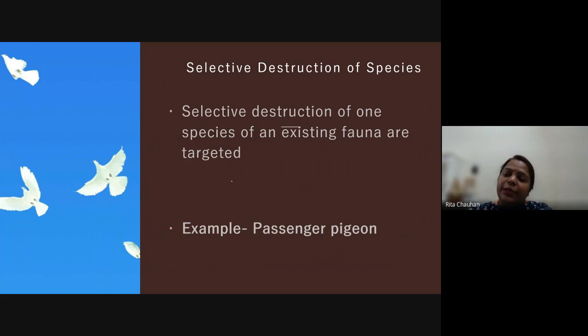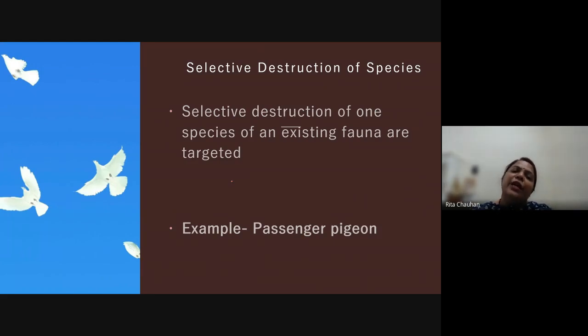But after some time, when there was more facility, more transportation, we no longer used the passenger pigeon, but these were then extensively killed because man started eating them.